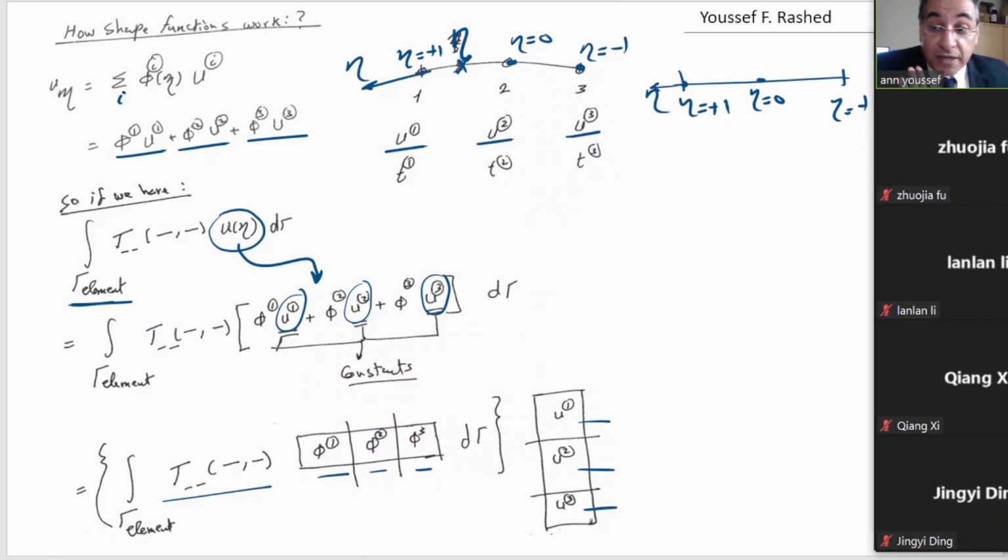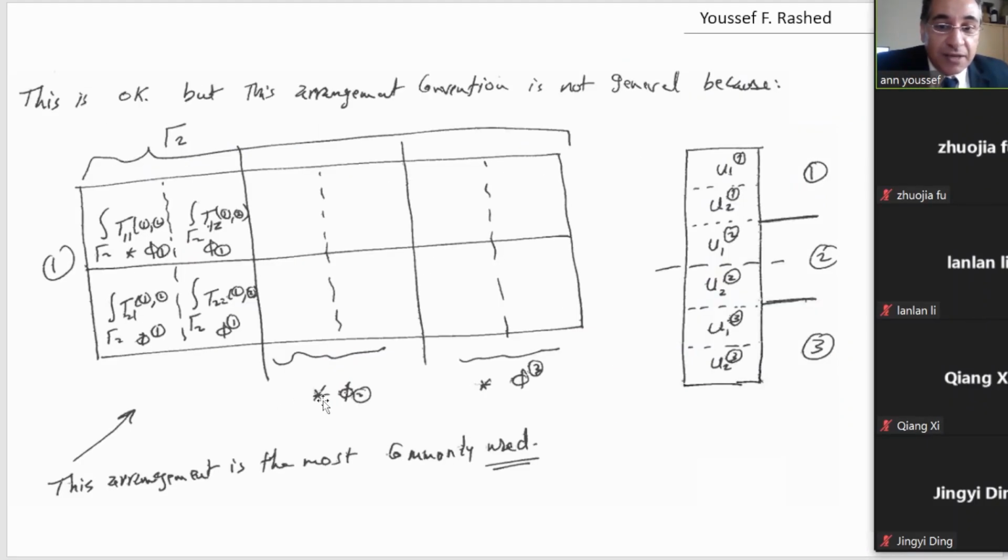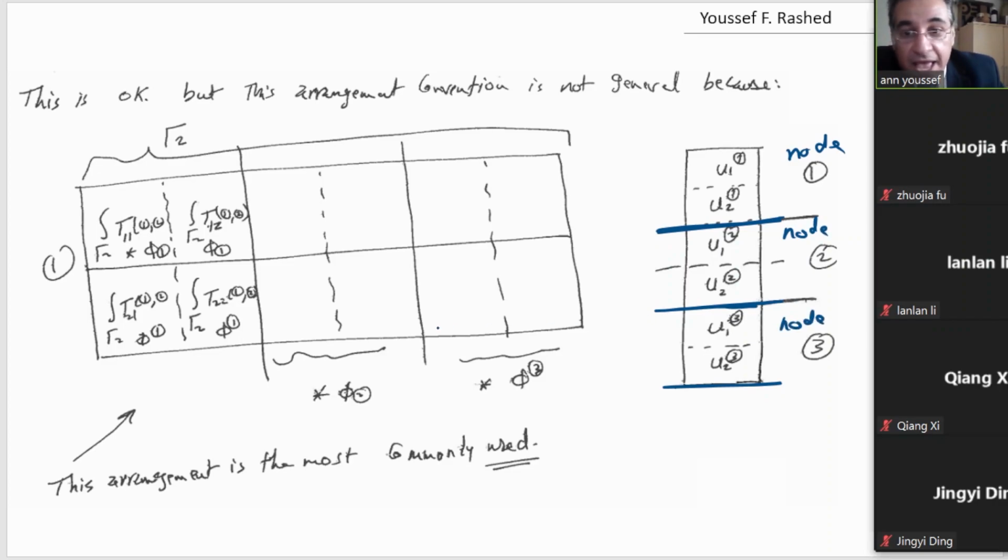We could use this one, but actually this is not the correct arrangement we used to do. What we used to do is to have u1 and u2 at the first node, u1 and u2 at the second node, u1 and u2 at the third node. So this is node 1, this is node 2, this is node 3, and we have our H matrix.